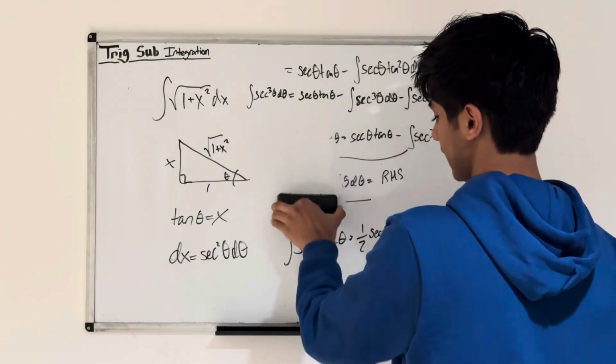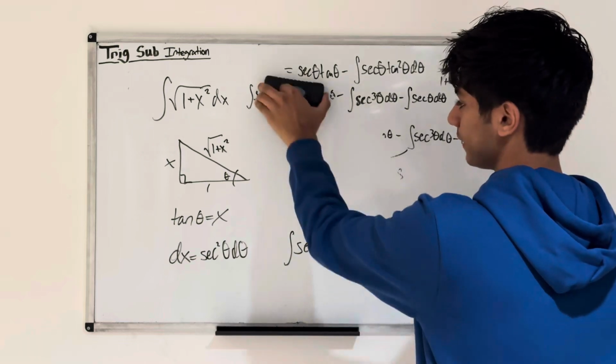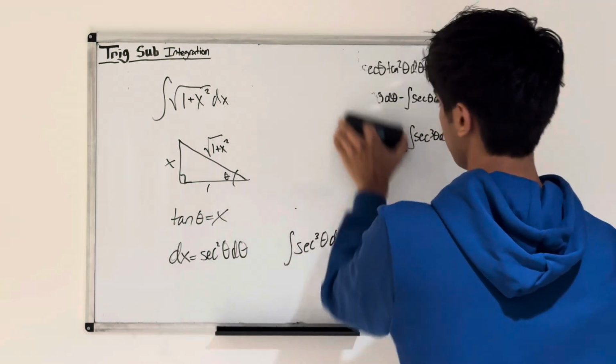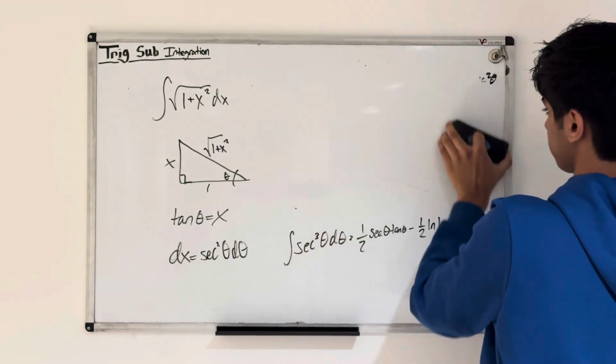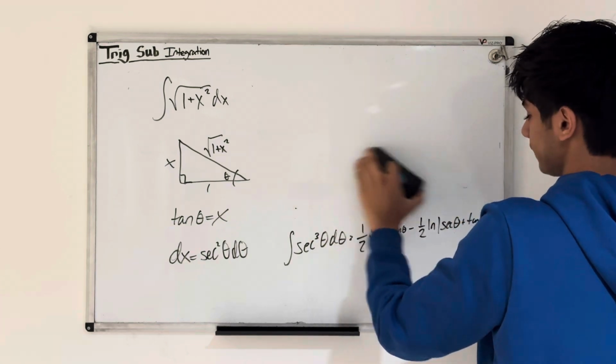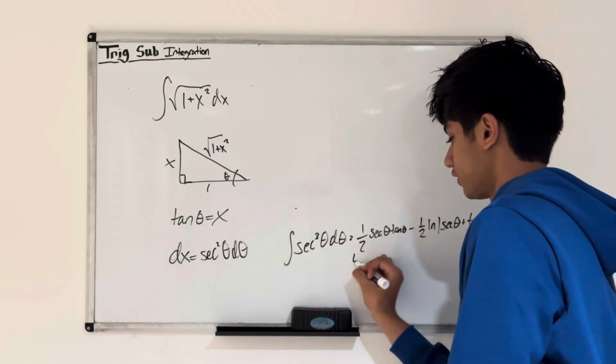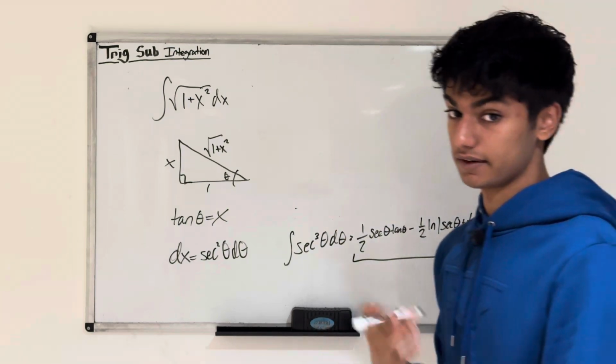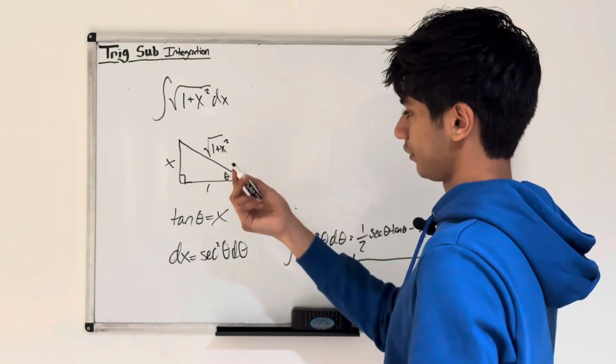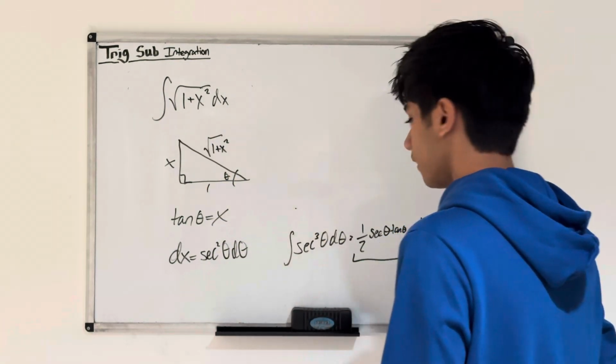Of course, this integral of secant cubed theta d theta equals our original function. But the issue is that our original function is in terms of x. So to finish the answer, we have to get this term in terms of x instead of theta.